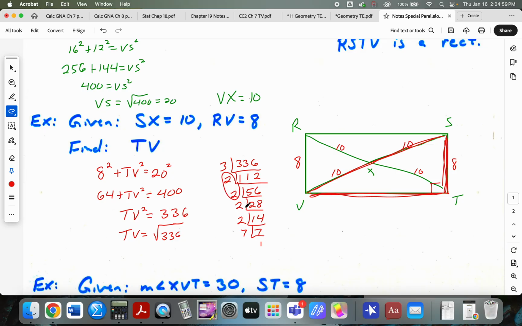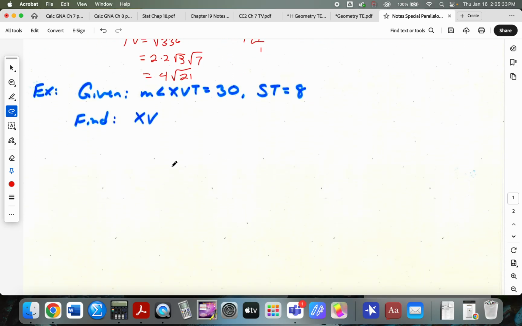So we've got a 2 times 2 times the square root of 3 times the square root of 7. So that's 4 square roots of 21. Any questions about that one? All right, let's do one more rectangle, and then we'll do some rhombuses.